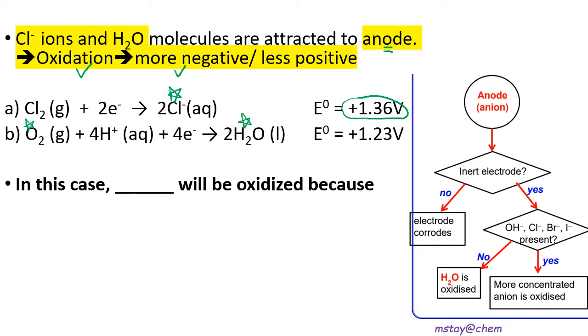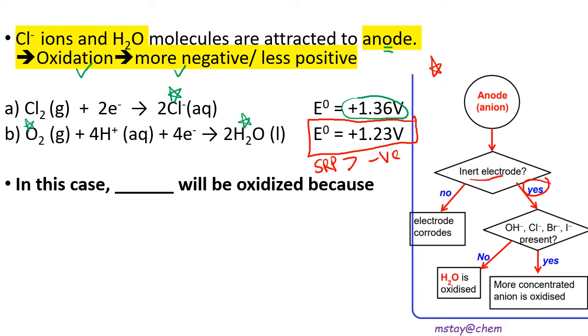In this case, the SRP value for the water is more negative. Okay, I will try to use another color. So this value is more negative. However, when we look at the diagram over here, we are going to use an inert electrode, so yes.